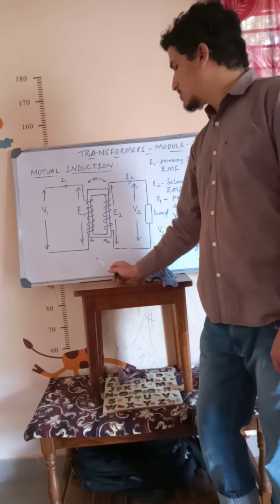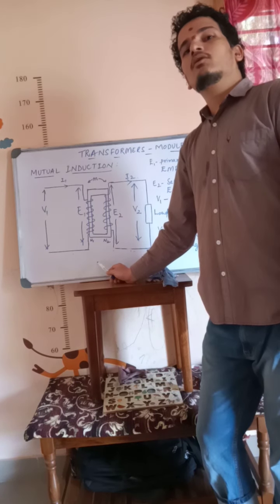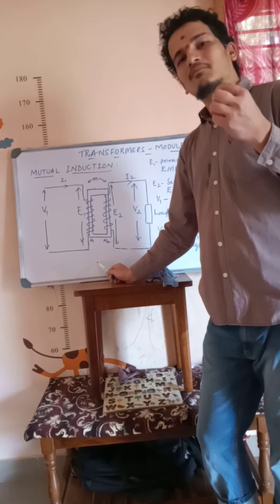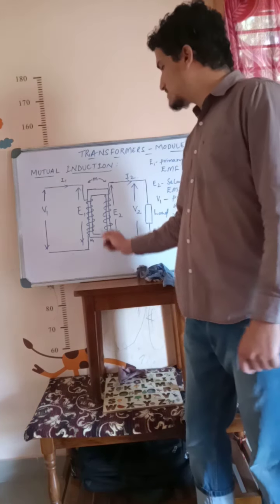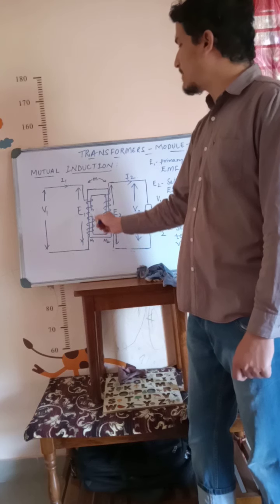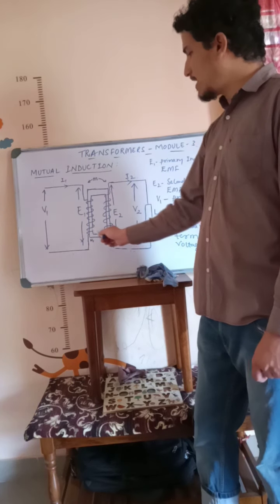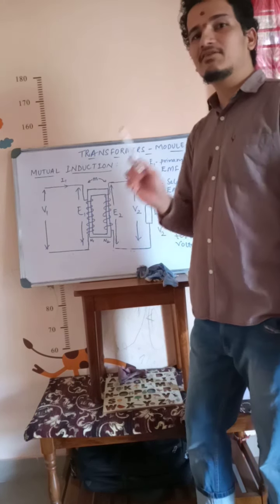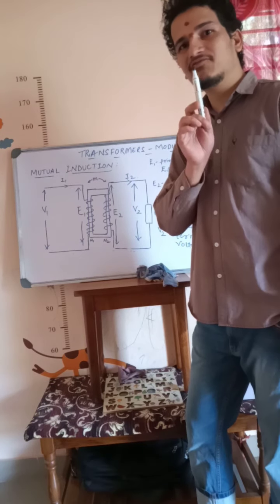What is a core? Core is a material which gives a path for the magnetic flux or magnetic field.